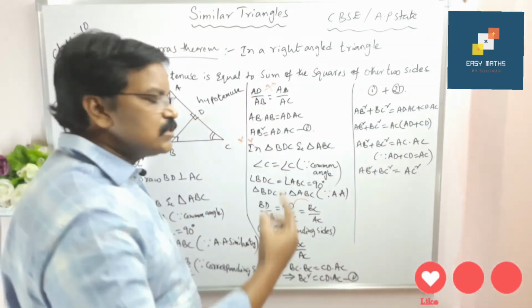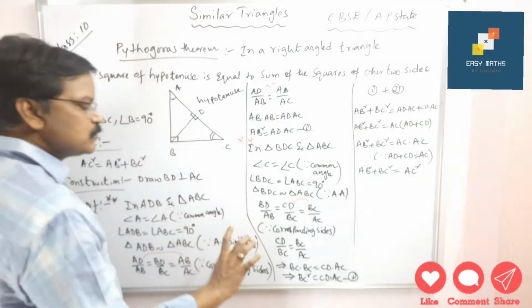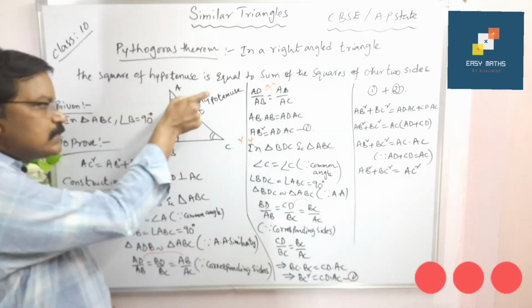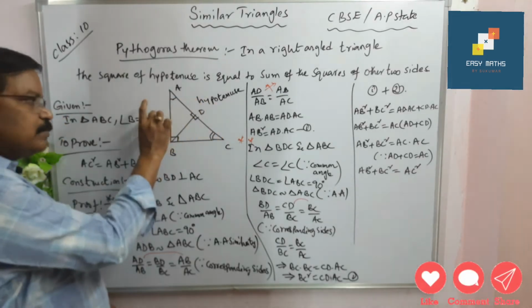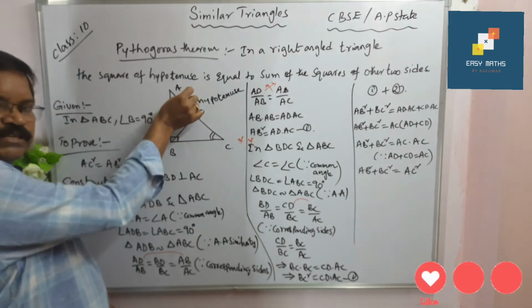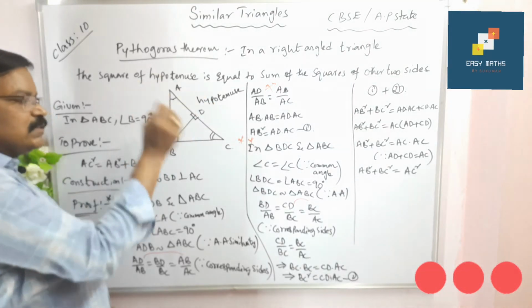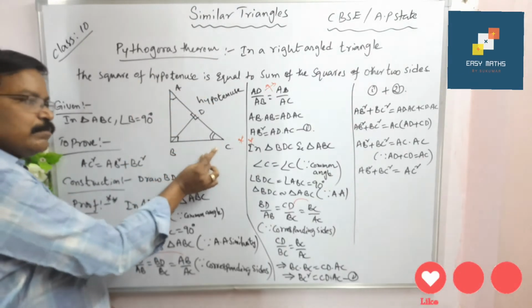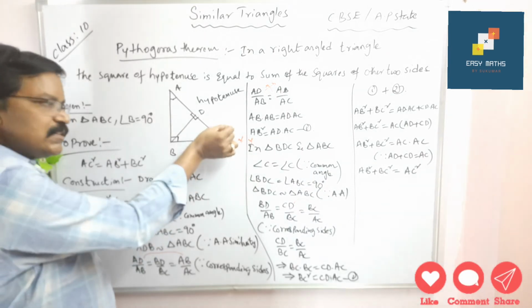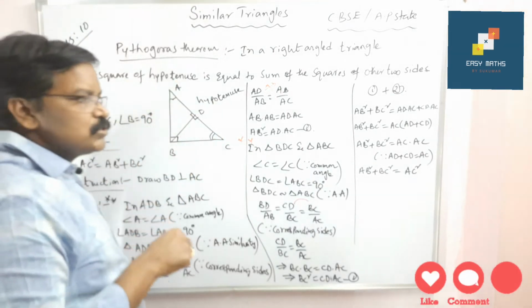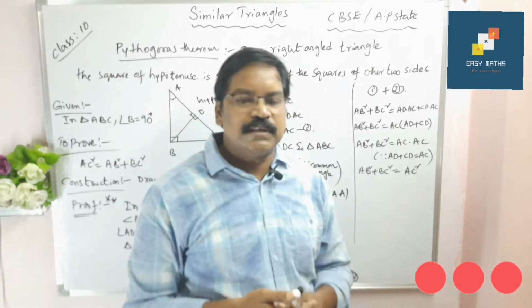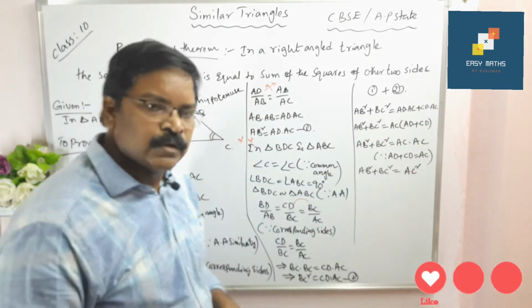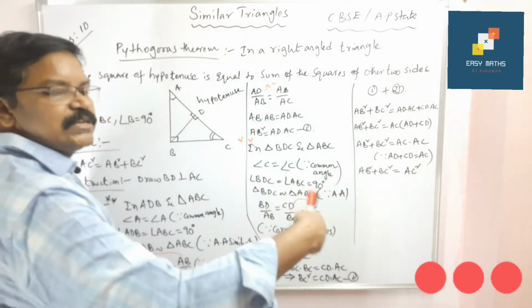Equation 1 you also remember; sometimes you may miss these equations. AB square is AD into AC. BC square, the second equation, is CD into AC. Just add the two equations: AB square plus BC square is equal to AD into AC plus CD into AC. So that is AC into AC, that is AC square.